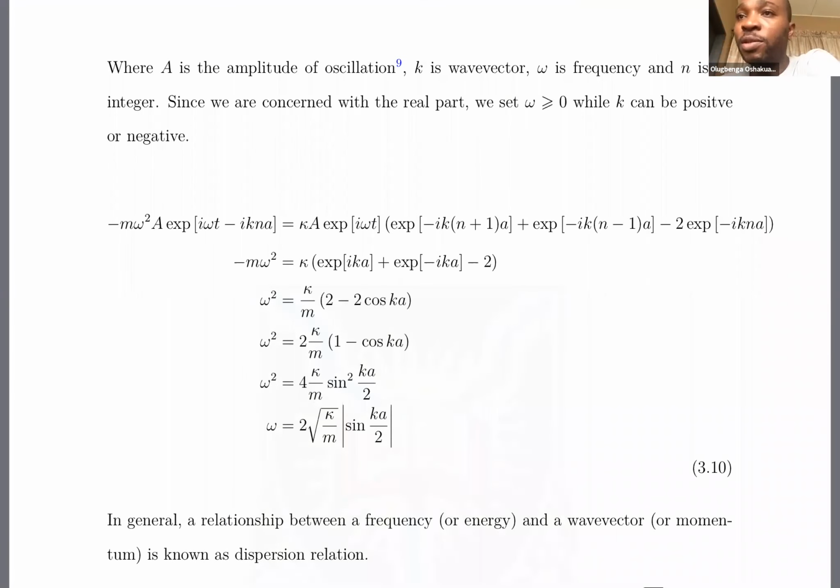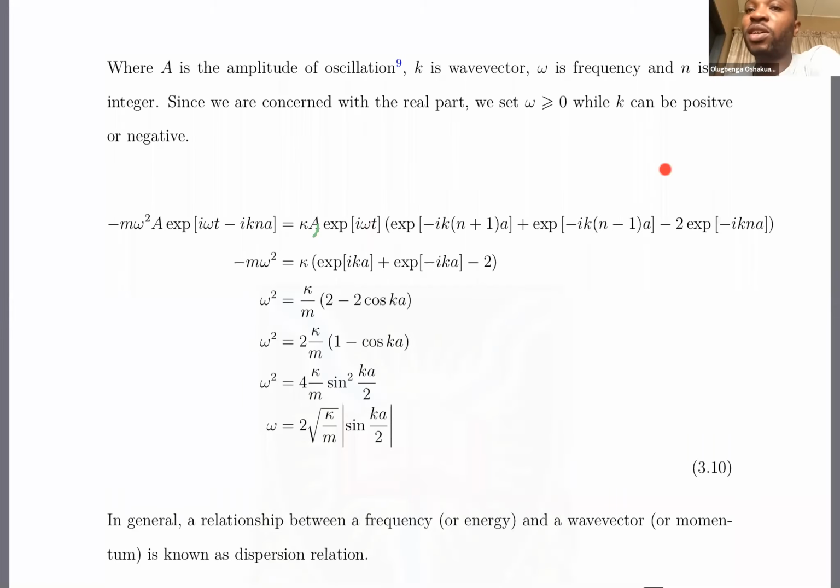From the previous expression, the constant A is the amplitude of oscillation. K is the wave vector, while omega is the frequency. N is an integer which tells us the particular atom or particle we are referring to.